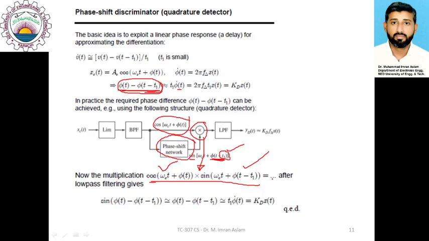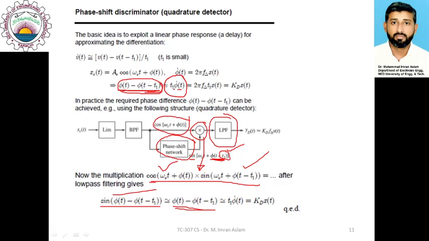You can use the product-to-sum formula to expand this relationship, and if you use that formula, you would see that there will be a term sin(phi(t) minus phi(t minus T1)), which will be extracted by this low pass filter, because all other terms have higher frequencies, and this term has lower frequencies. And we know that for small angles sin theta can be approximated as theta, so this can be approximated as phi(t) minus phi(t minus T1).